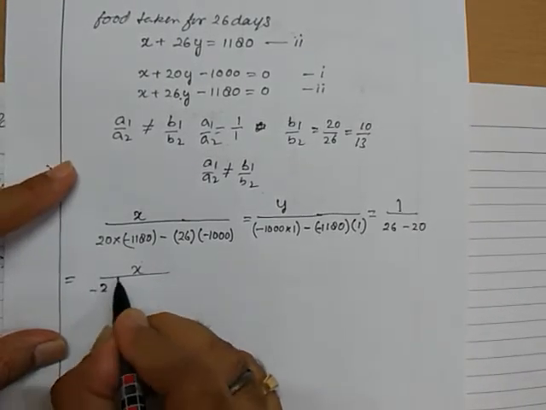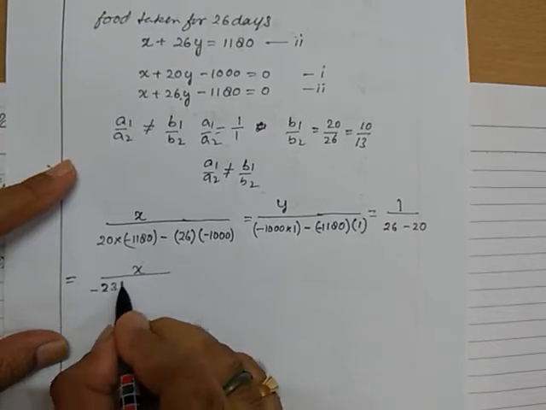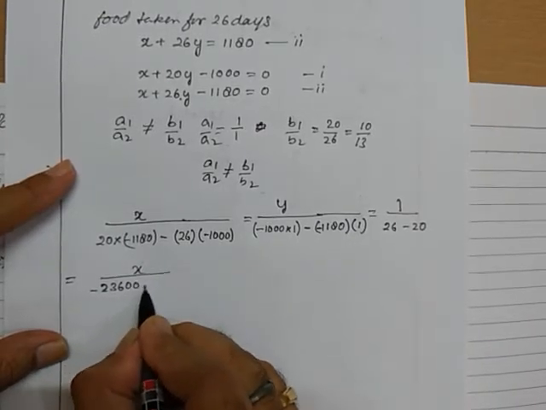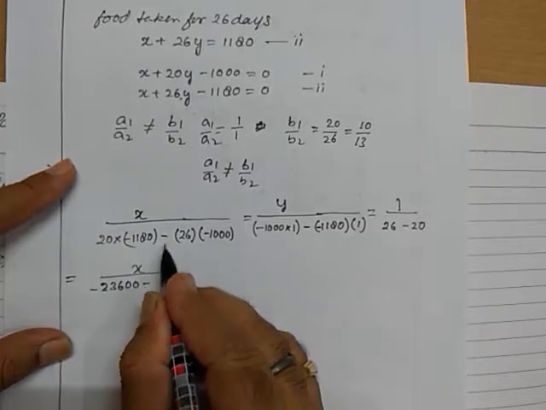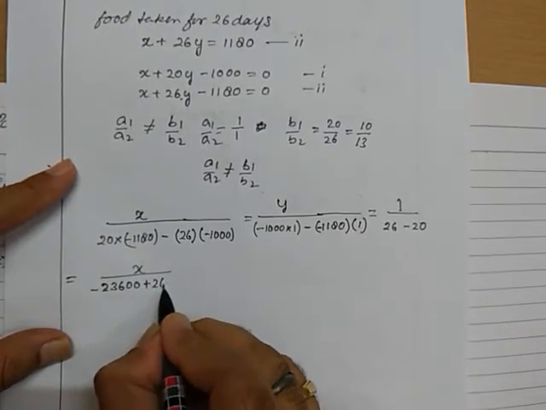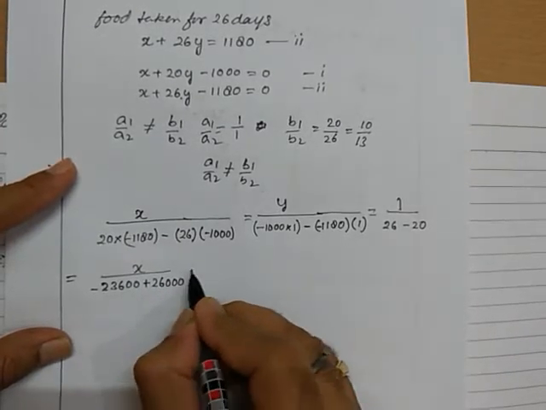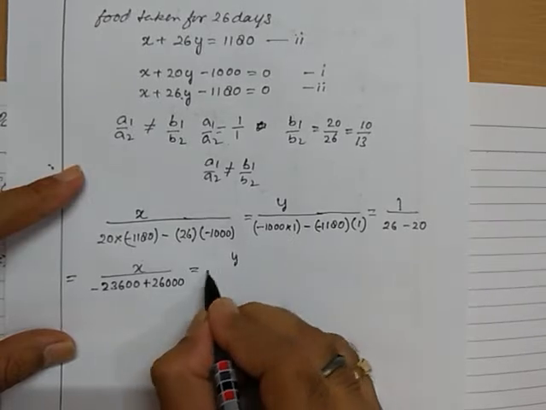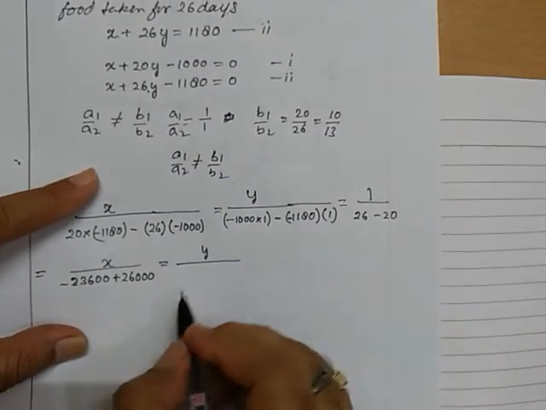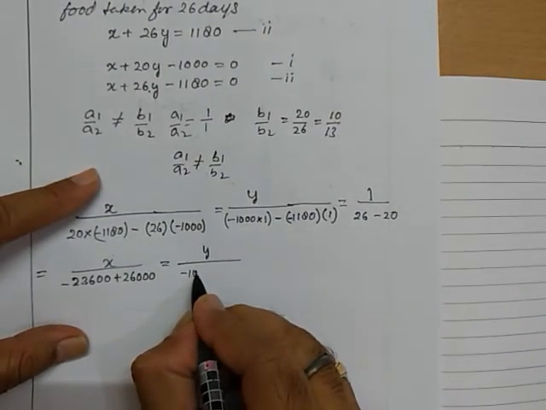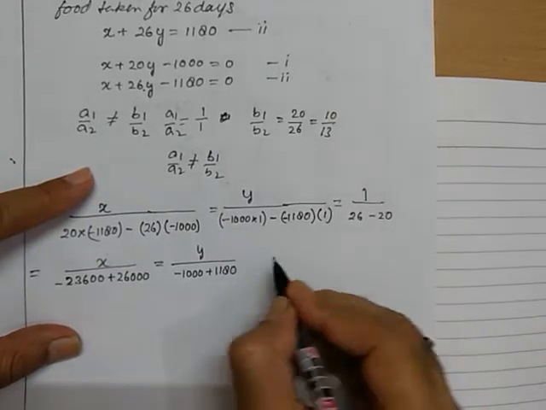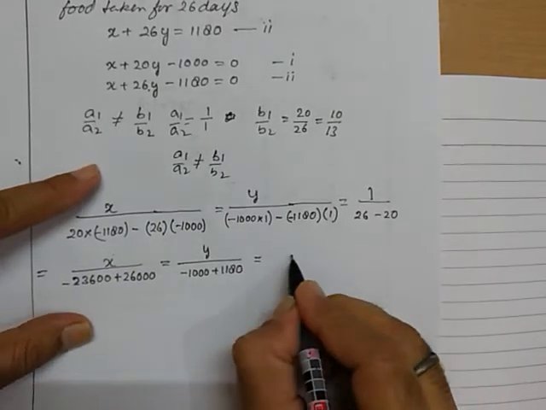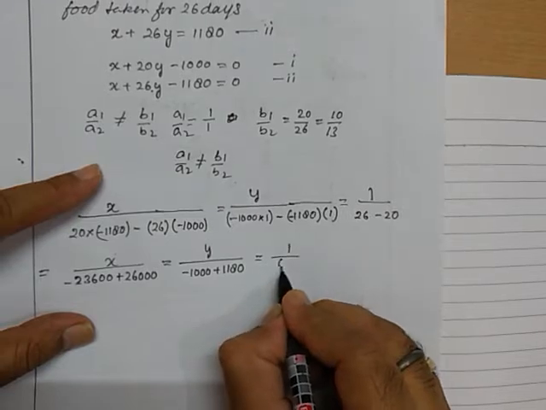This will be minus 23,600 minus, and this will become minus into minus, this will become plus 26,000 will be equal to y upon, this will be minus 1000 plus 1180. This will be equal to 1 upon 6.